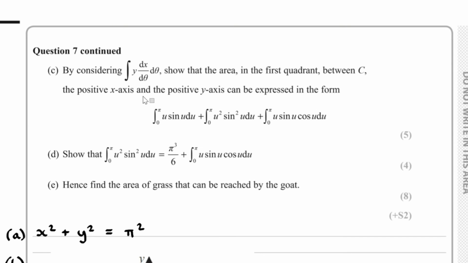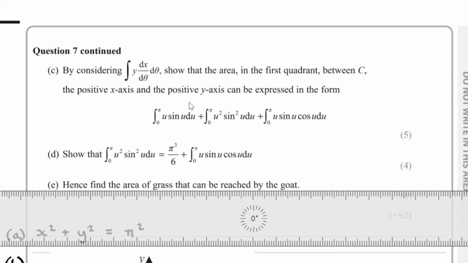For part C of the question, by considering the integral of y multiplied by dx over d theta, we have to show that the area in the first quadrant between C, the positive x-axis and the positive y-axis, can be expressed in the form the integral from 0 to pi of u sine u du plus integral from 0 to pi of u squared sine squared u du plus integral from 0 to pi u sine u cos u du.